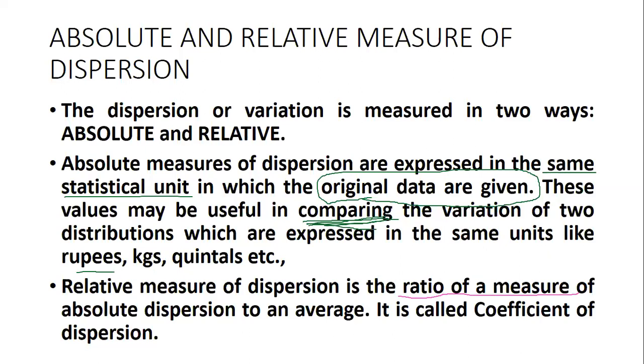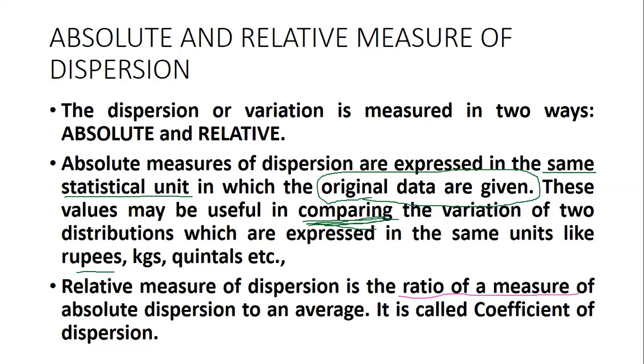If I give data saying BCom performed 20% better than BBA in the first internal test for the statistics subject, I am not expressing the marks properly. I'm giving it in a ratio, 20%. Now you will have to sit and calculate the actual marks. So that is relative measure.